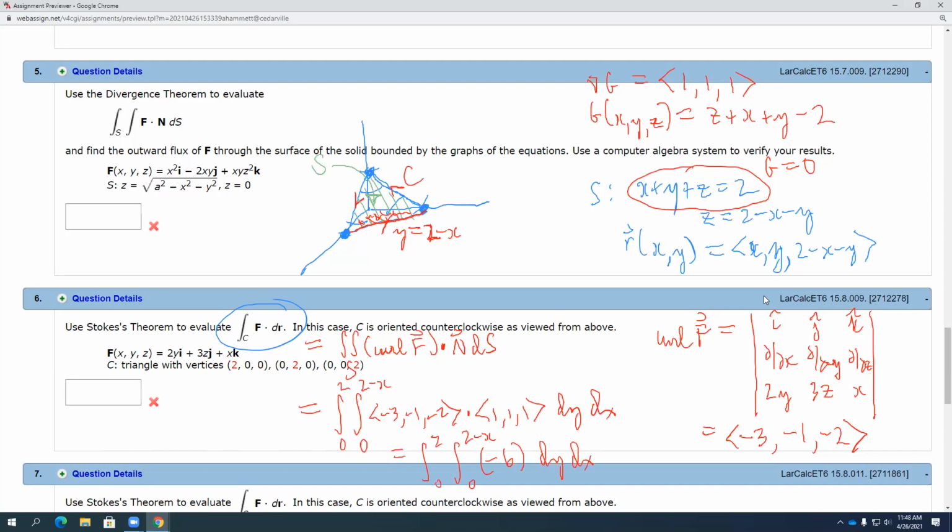If I have the double integral of that constant, isn't that just going to be that constant times the area of that region? So I don't even have to do any integration here. It's going to be -6 times the area of that region. What is the area of that region?